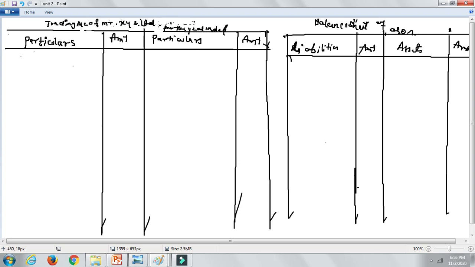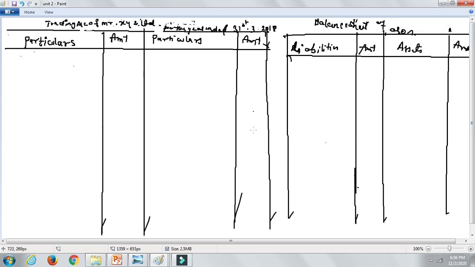You can check over here: trading account of Mr. XYZ Limited for the year ended 31st March 2018. You need not prepare the balance sheet because he didn't ask for the balance sheet, he asked only for the trading account. So let's check out the question.